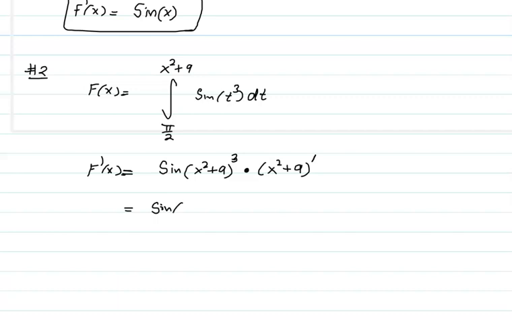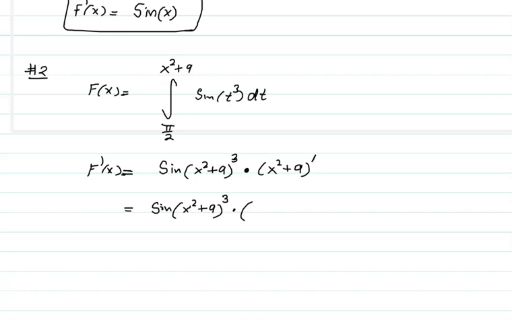Let's simplify it a little more. We don't need to expand the cube, so we can keep it as x square plus 9 cubed, because this is the angle of sine, just like sine theta. This is sine of x square plus 9 cubed. So all this is theta. We don't need to expand it.